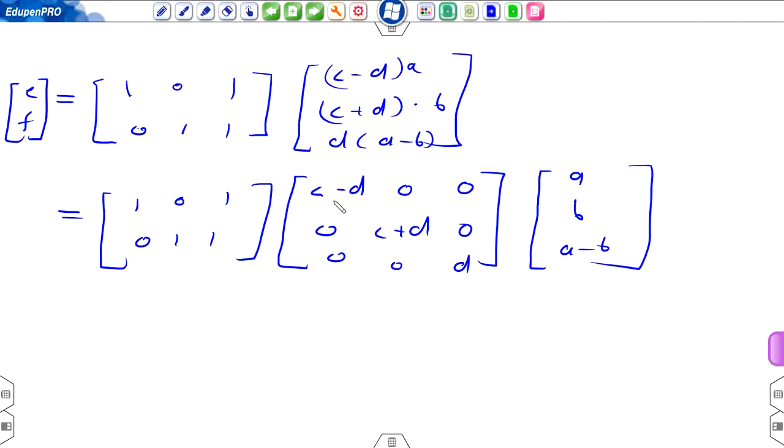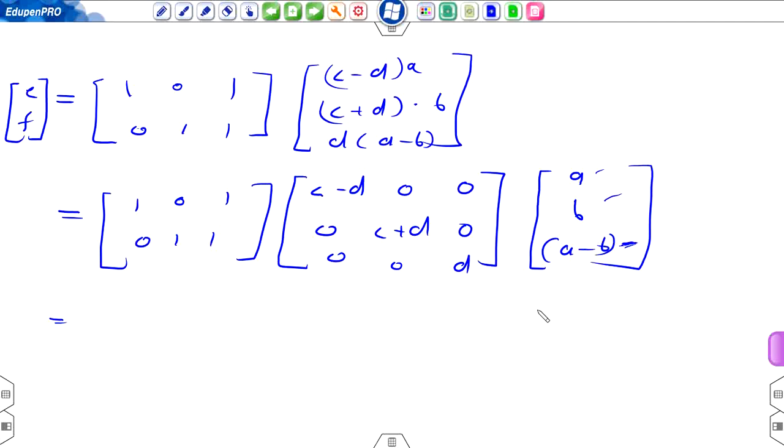Okay, so this is this term C minus D into A, the second term C plus D into B, and the third term is D into A minus B. And further, this matrix can be decomposed because this consists of signal A, B and their subtraction. Okay, so we can separate the signals individually.